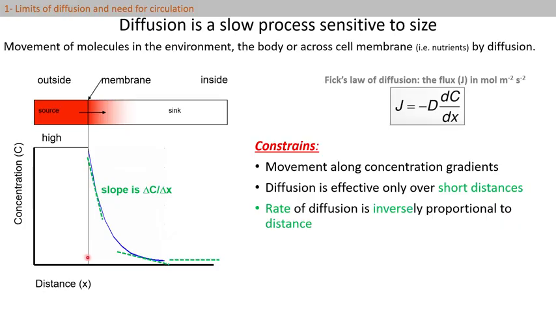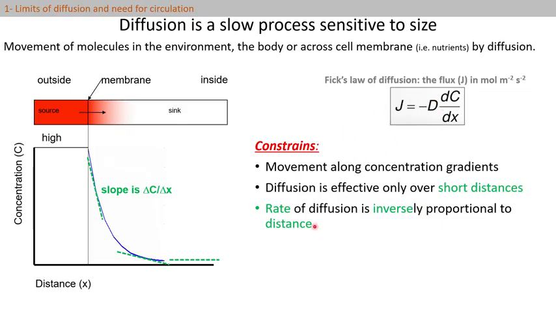And what you notice right away is that the further away you are from the source, the smaller will diffusion be. And eventually, when you're far enough from the source, there's nearly no concentration of the molecule available, and the flux is essentially null. So what that means is that diffusion is effective only over short distances.